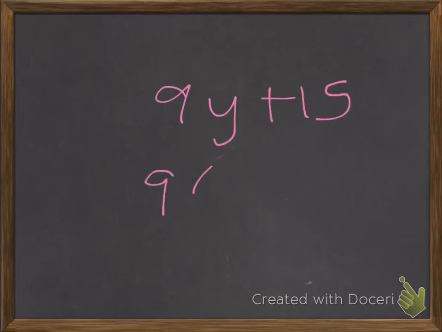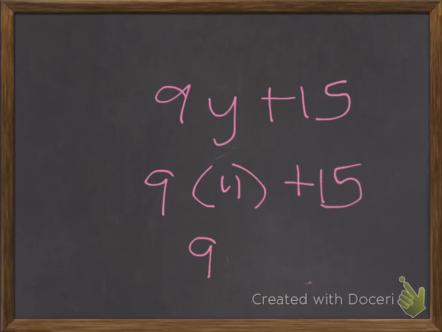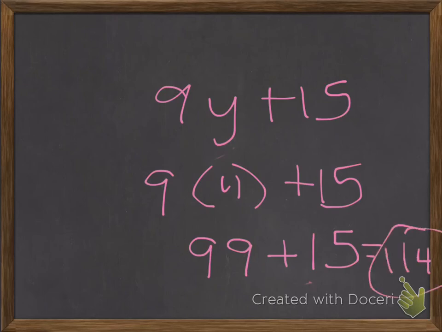JKL is going to be 99 plus 15, or 114. And that's degrees, because that's an angle. That concludes lesson 1-4 for geometry in angle measures.